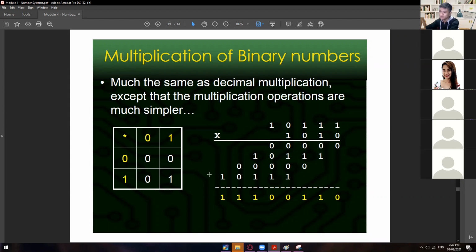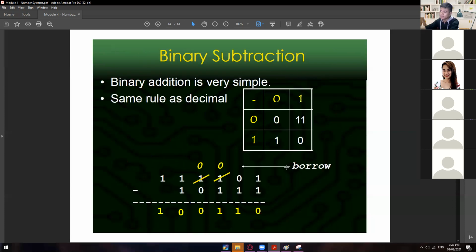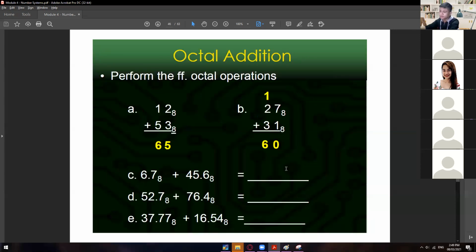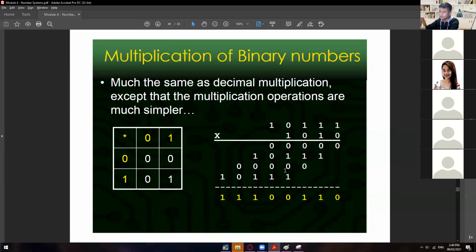And then from here just perform addition, just like binary addition. That's how we got those results.